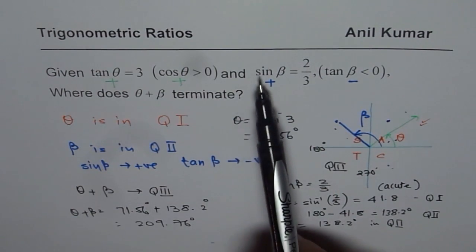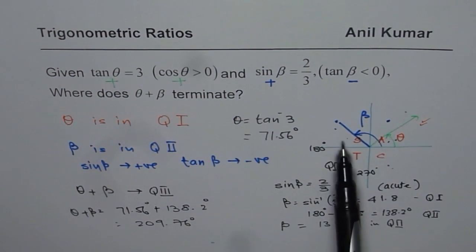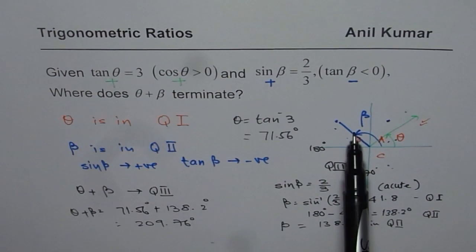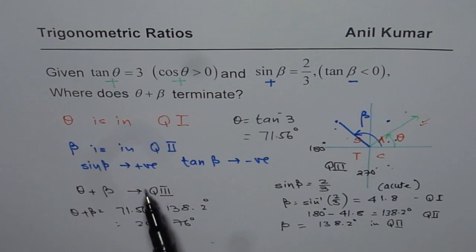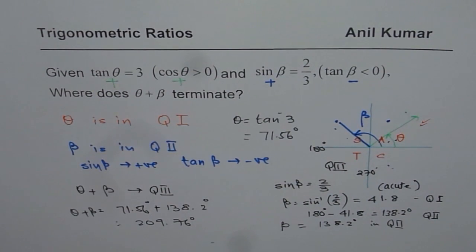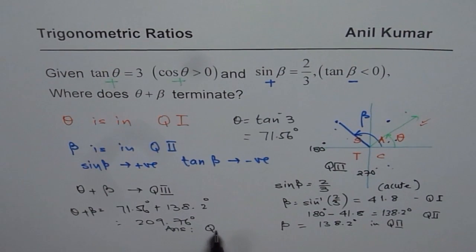Now when you combine the two angles, one in quadrant 1, the other in quadrant 2, you will get an angle which will be in quadrant 3. So that is how we can answer this question. Theta plus beta will terminate in quadrant 3.